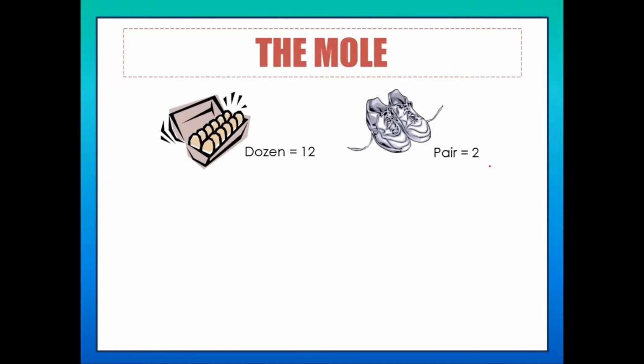A pair is equal to 2 pieces, and a dozen is equal to 12 pieces. In chemistry, a mole is simply defined as the quantity of a substance which contains the same number of particles. Therefore, a mole is a unit to count numbers of particles.